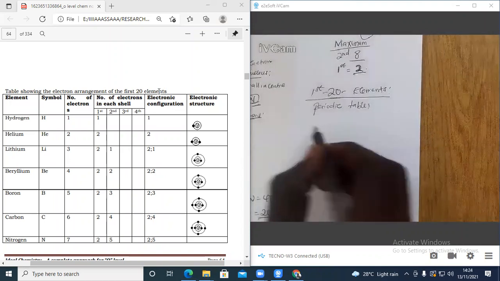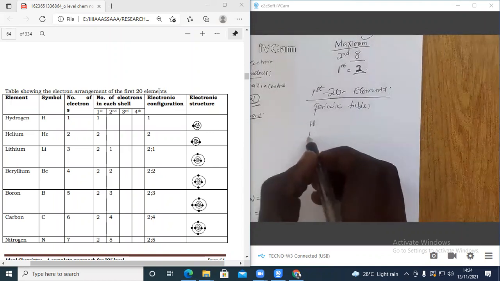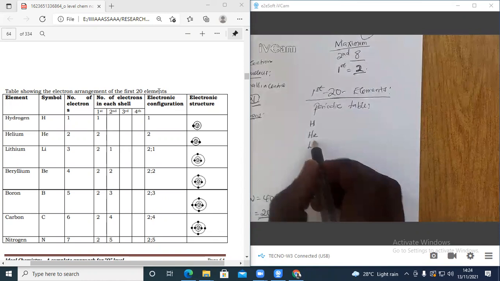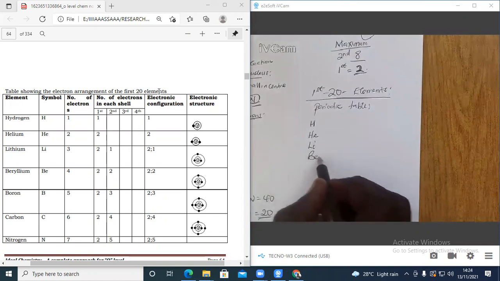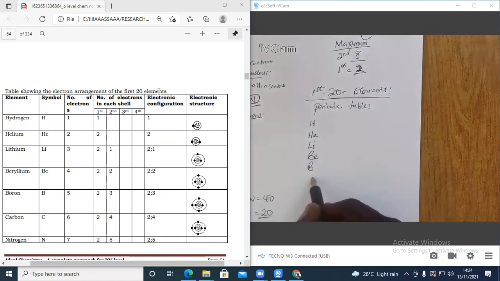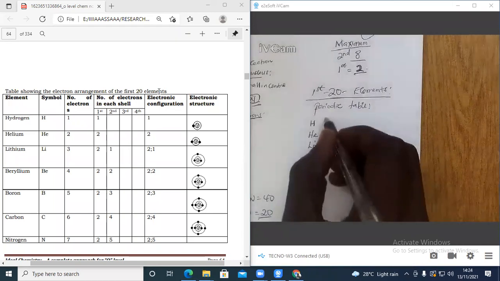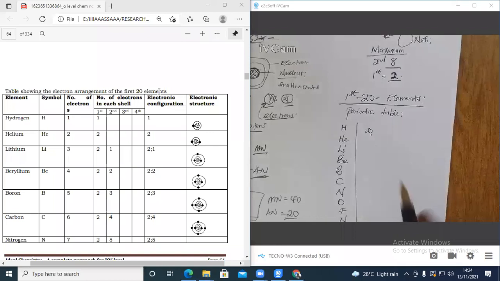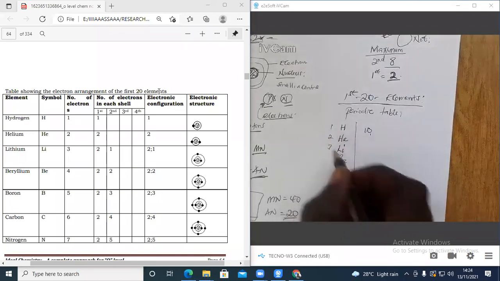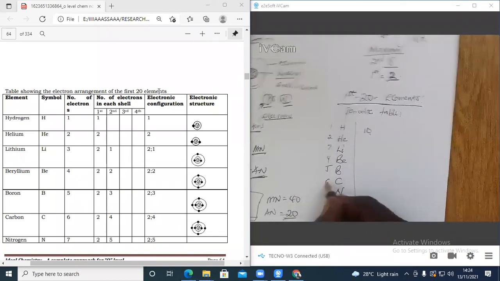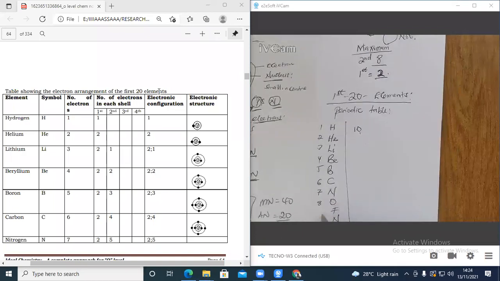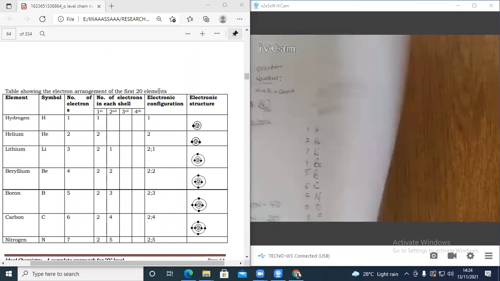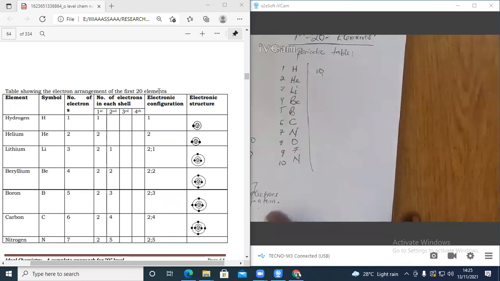So the first element is hydrogen, followed by helium, lithium, beryllium, boron, carbon, nitrogen, oxygen, fluorine, and neon. Those are the first 10. And their numbers correspond like that: 1, 2, 3, 4, 5, 6, 7, 8, 9, and 10. If you are not seeing well, that's their number.